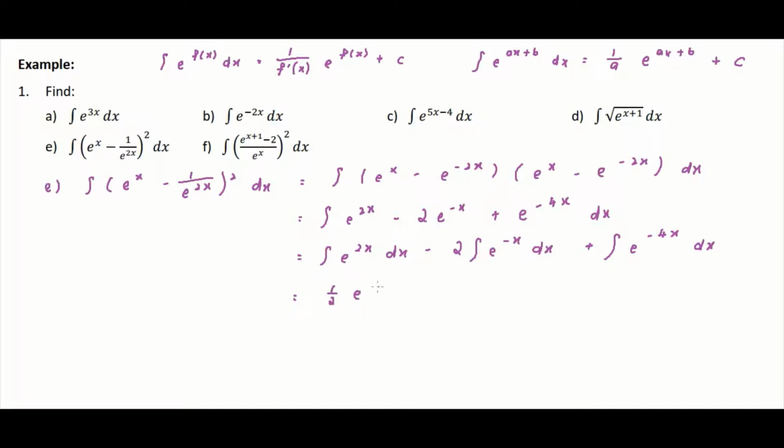So 1/2 e^(2x). Negative 1, so when you bring it out, negative 2 divided by negative 1, you get positive 2. So 2e^(-x) as well, negative 1/4 e^(-4x), and don't forget plus c. You can leave your answer like this, or change it into 2 over e^x, minus 1 over 4, with the denominator becoming e^(4x).